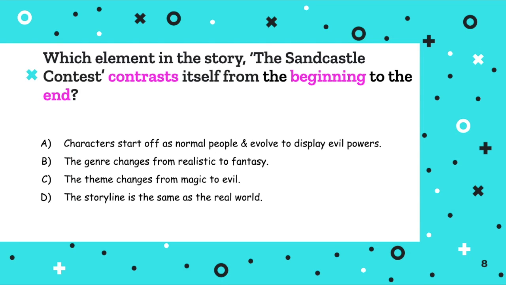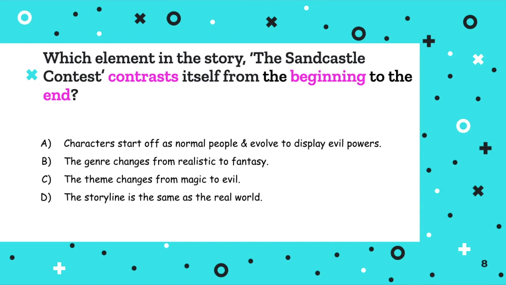So is it A, characters start off as normal people and evolve to display evil powers? B, the genre changes from realistic to fantasy? C, the theme changes from magic to evil? Or D, the storyline is the same as the real world?